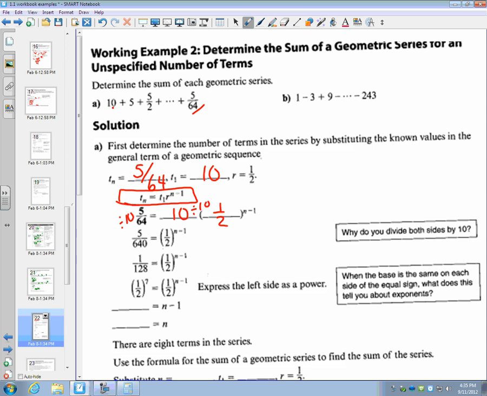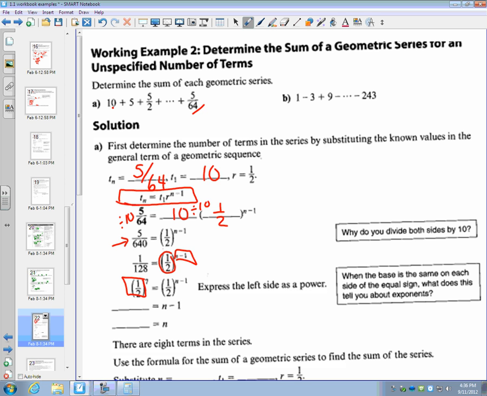To solve this, we're going to simplify 5 over 640. So they reduced that to 1 over 128. They said, I can divide both the top and the bottom by 5, and I'm left with 128. Well, 1 over 128 is the same as 1/2 to the 7th. Why they did that is they knew that if I have 1/2 raised to the power of something, can I write 1/128 as 1/2 to the power of something?